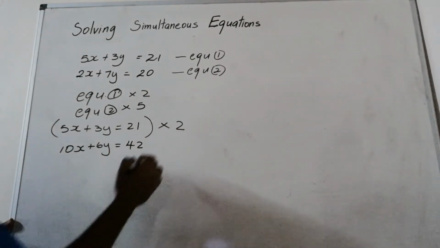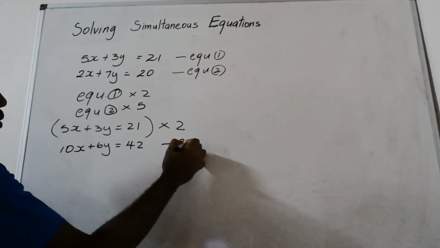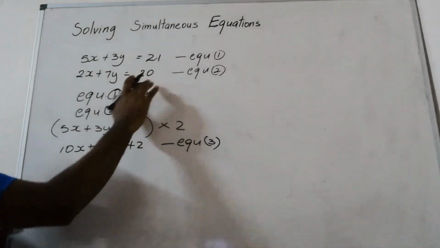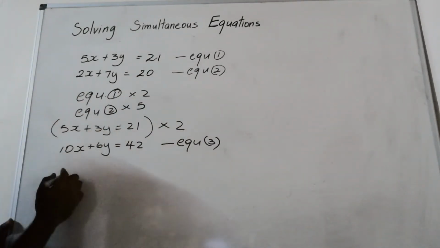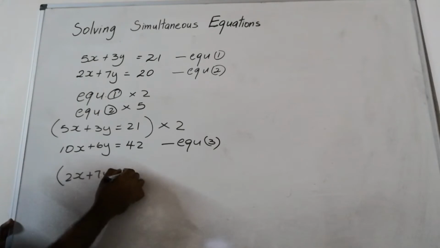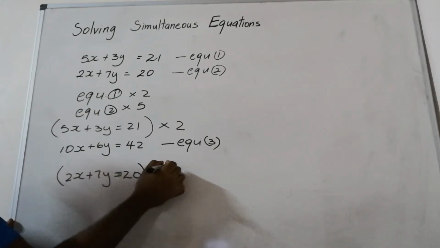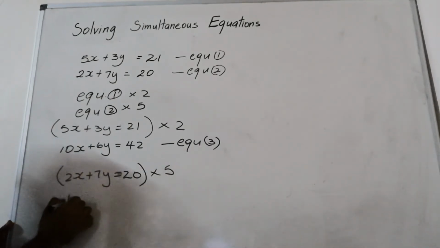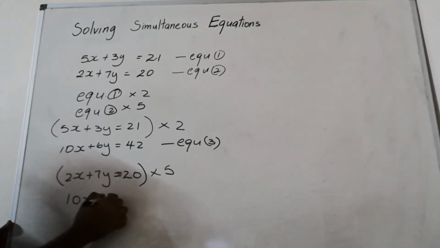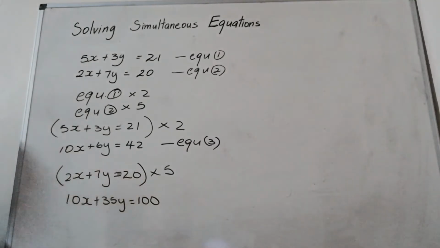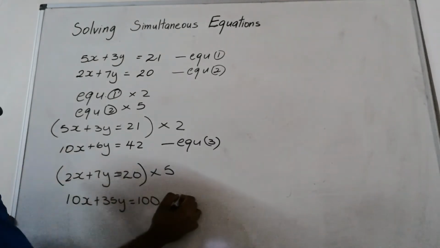So let's call this equation 3. Now, this second equation, we multiply by 5. So we're multiplying 2x plus 7y is equal to 20 by 5. So that will give us 5 2's 10x plus 35y is equal to 100. So we have two equations. We call this equation 4.